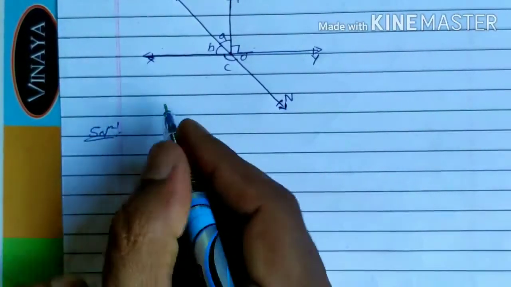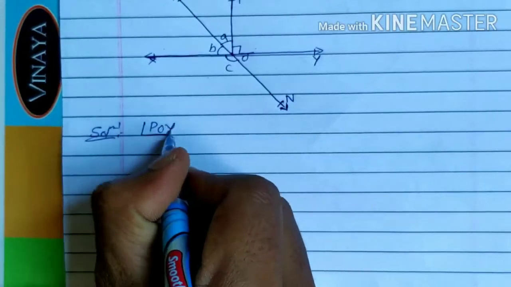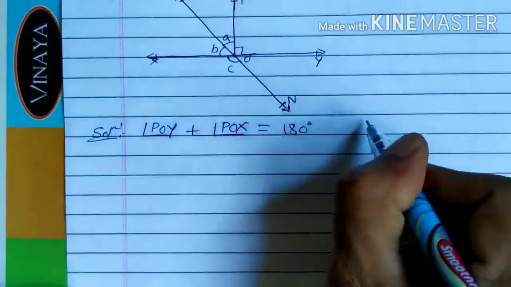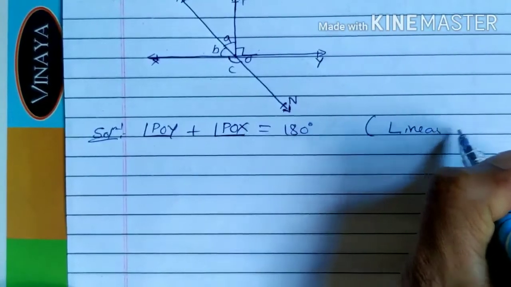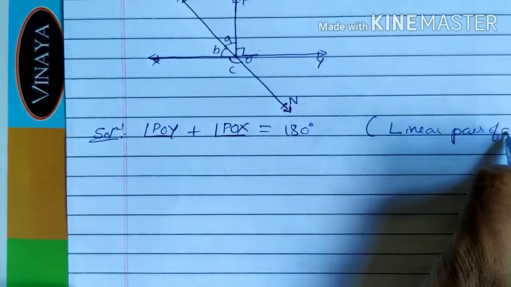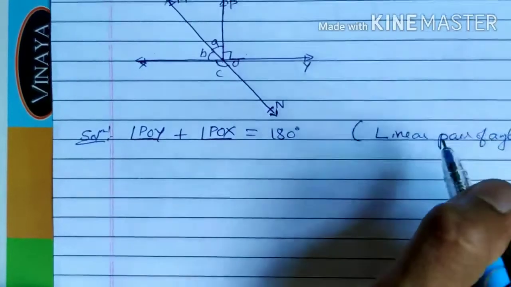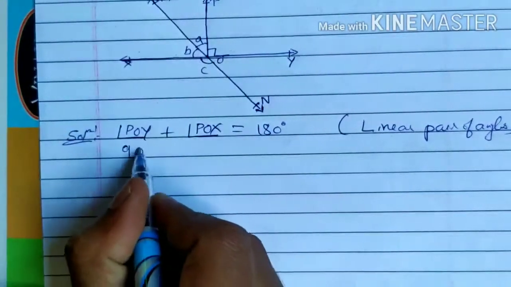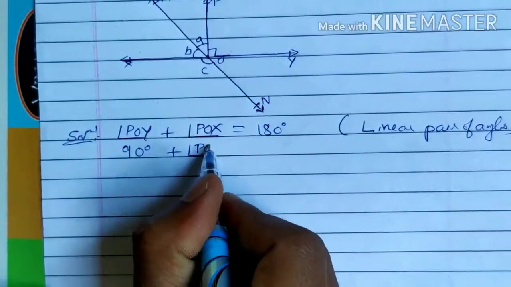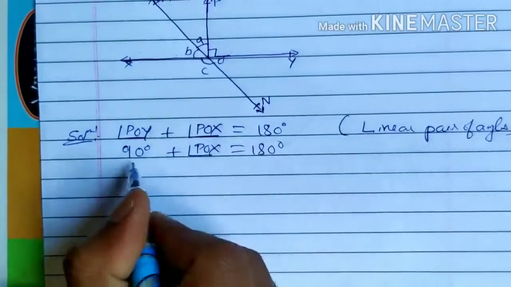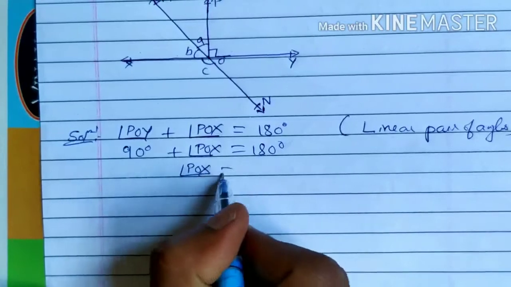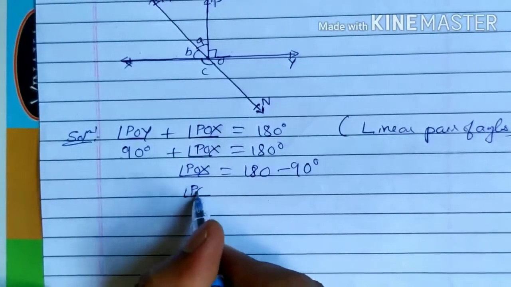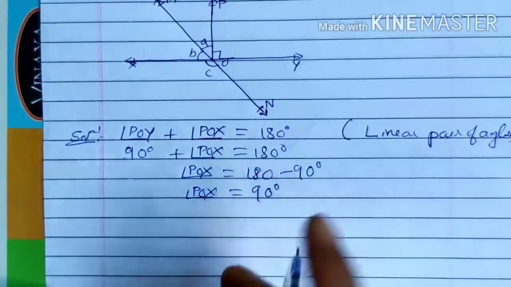Solution: angle POY plus angle POX is equal to 180 degrees, linear pair of angles. POY is 90 degrees plus angle POX is equal to 180 degrees. Angle POX is equal to 180 minus 90. Angle POX is equal to 90 degrees.